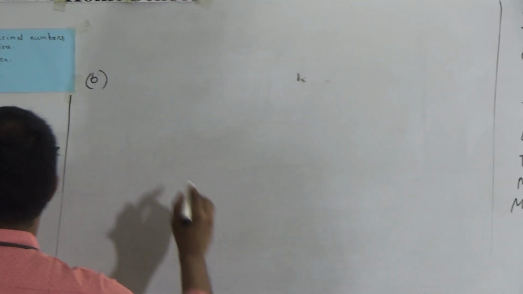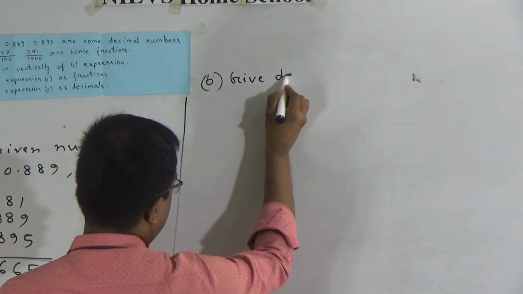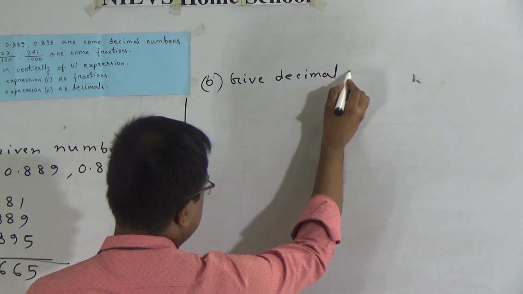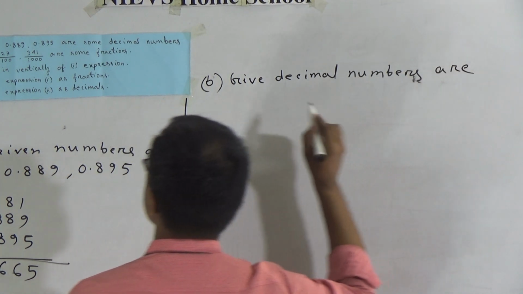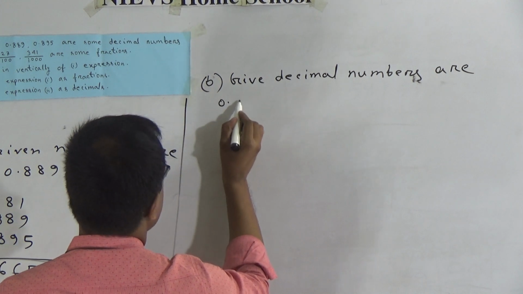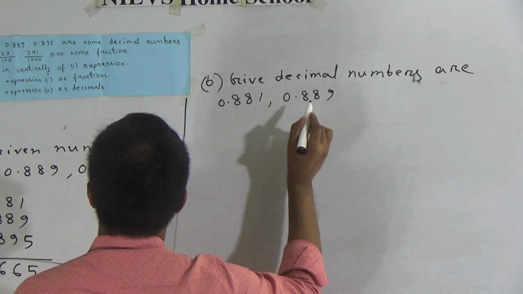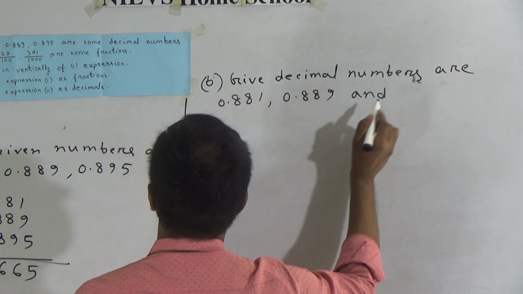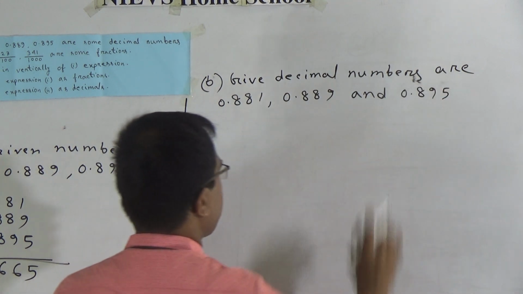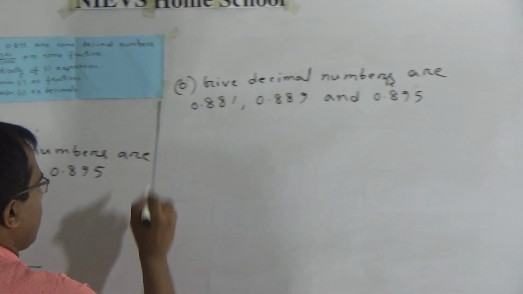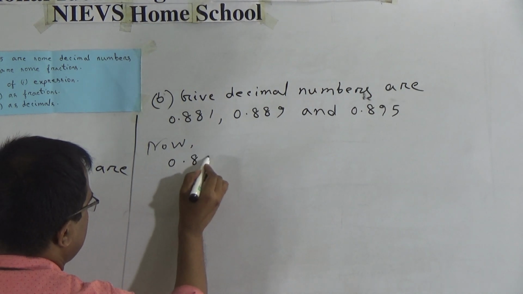Here the given decimal numbers are 0.881, 0.889, and another one is 0.895. Now we have to convert these numbers into fractions. Now here 0.881.